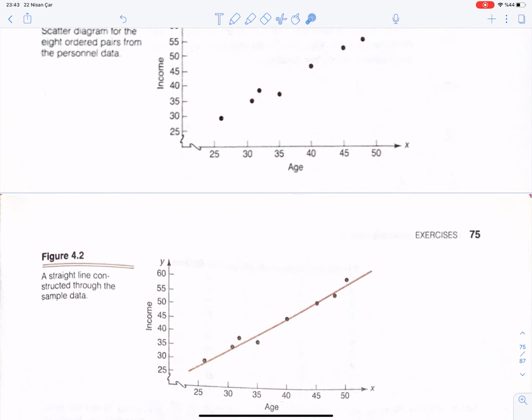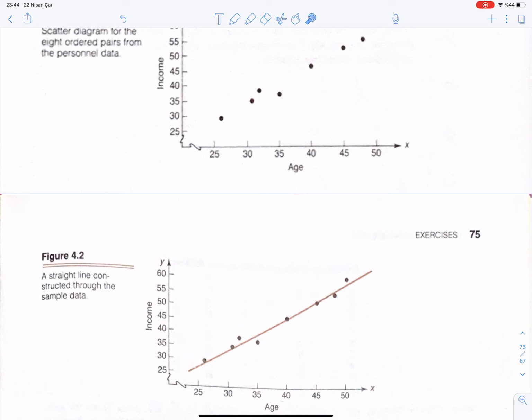If you're expecting a positive correlation, you have a straight line and the dots right here, no deviation.